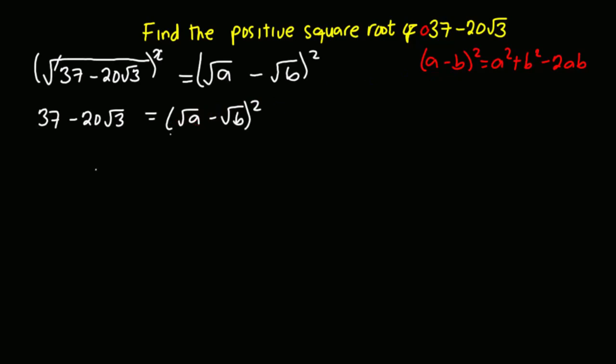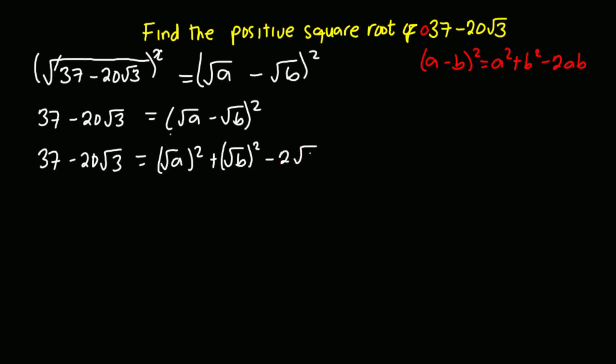So to do that, our a is the square root of a and our b is the square root of b. So this will give us 37 minus 20 root 3 is equal to square root of a all squared plus square root of b all squared, minus 2 times root a times root b.